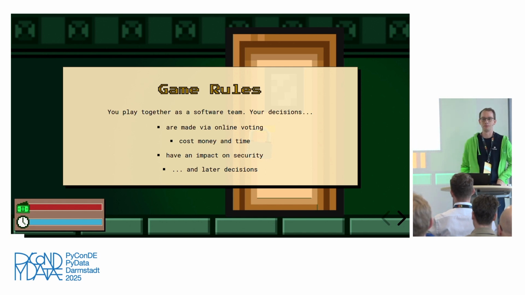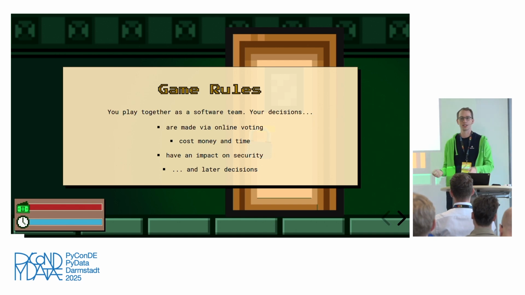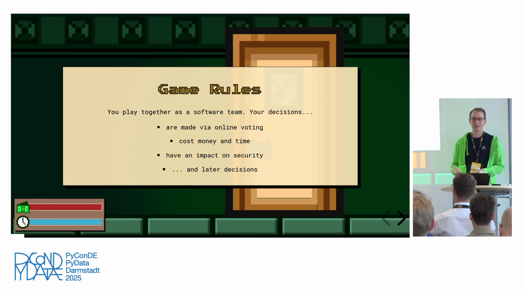And you have these bars in the down left corner where you can see how much money and how much time you have left for your adventure building secure software. So have a look at them, and of course you will not know upfront how much a decision will cost. Just like in normal life, right?